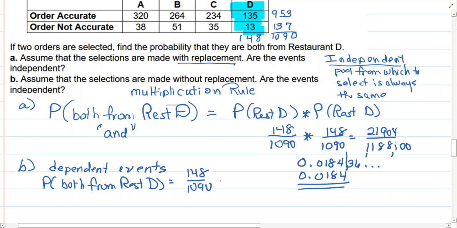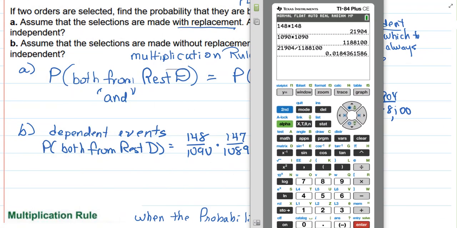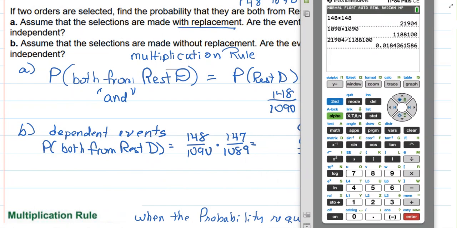And then on the second draw, we assume we took one of the ones we were looking for from restaurant D. So that leaves us 147 out of 1089. Now you can see the small variation in what we're going to achieve with this second problem that is dependent. So let me do the math.